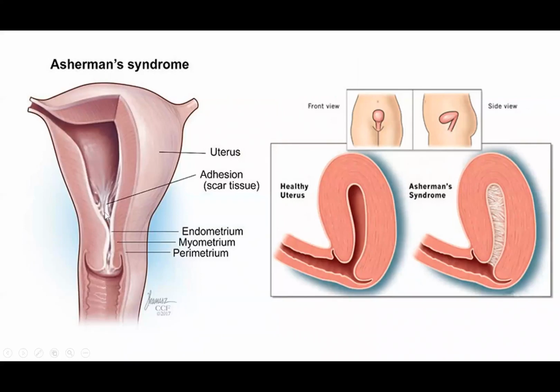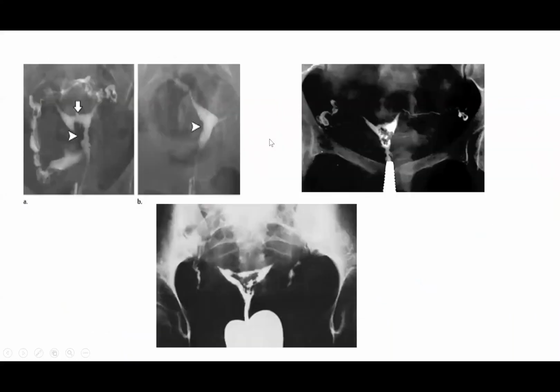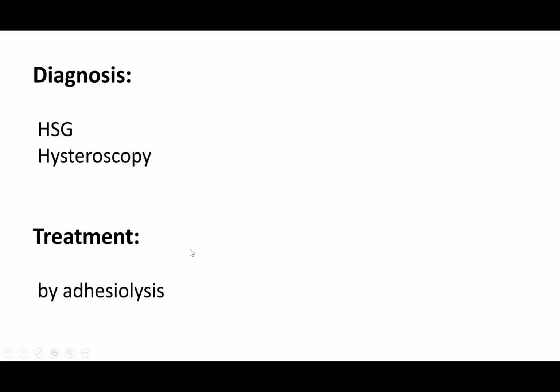The adhesions could be slight or extensive. Here you can see the filling defects within the endometrial cavity because of these adhesions. As a summary, the diagnosis is by hysterosalpingogram or hysteroscopy, and treatment is by adhesiolysis of these synechiae.